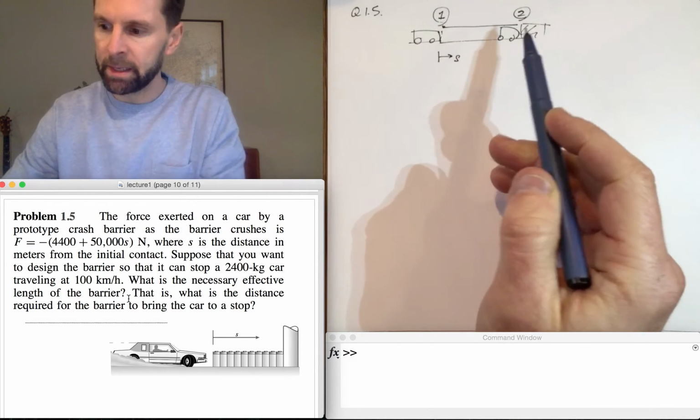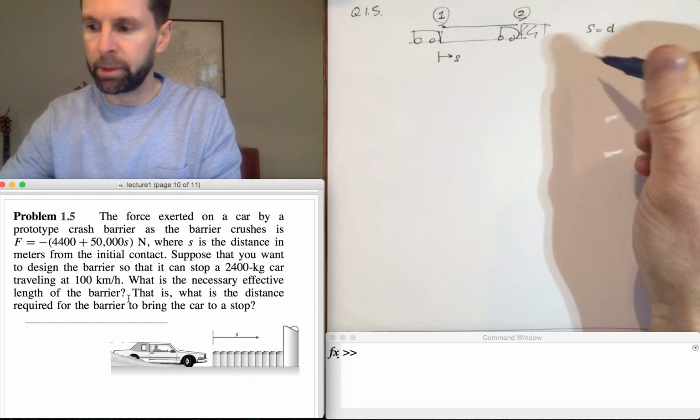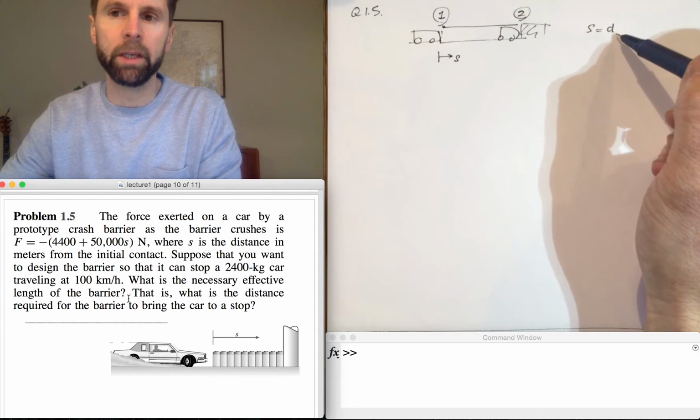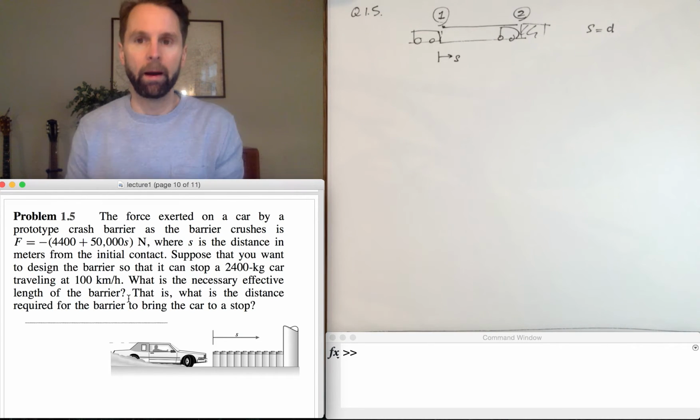So when S is equal to D, we're in position 2, and that's when it stopped. So D is the total stopping distance, and that's what we're trying to work out in this question.